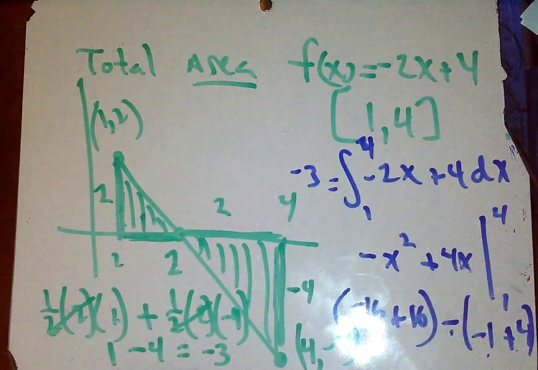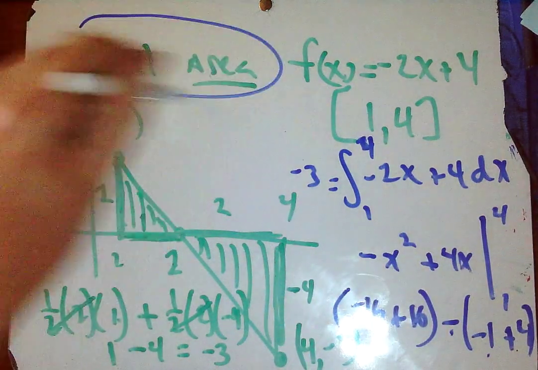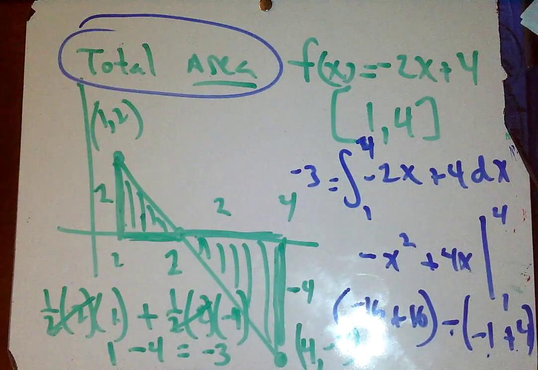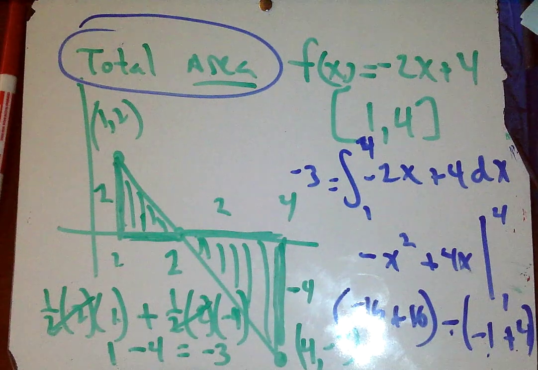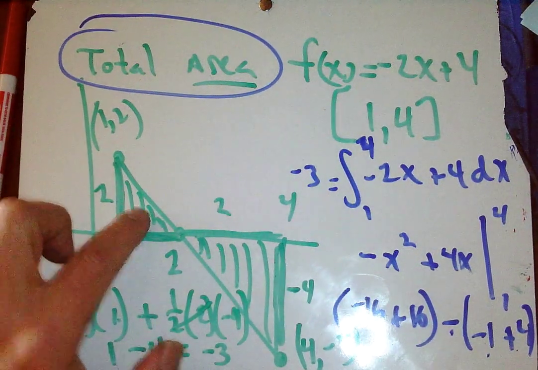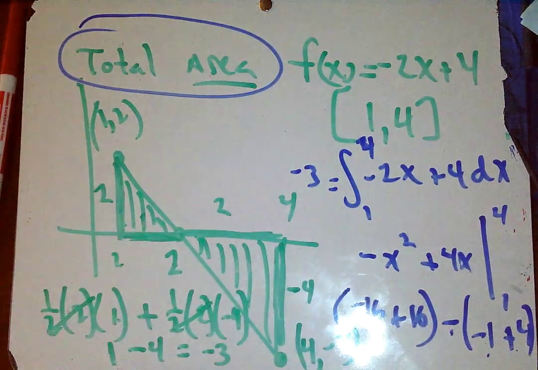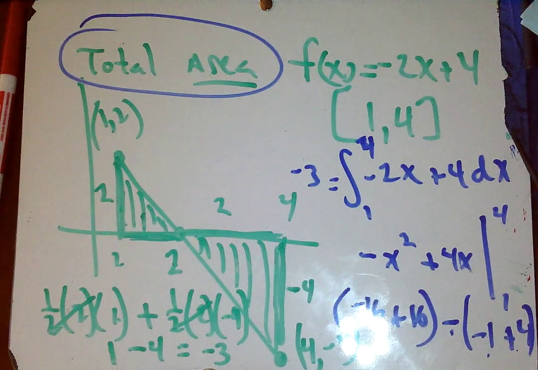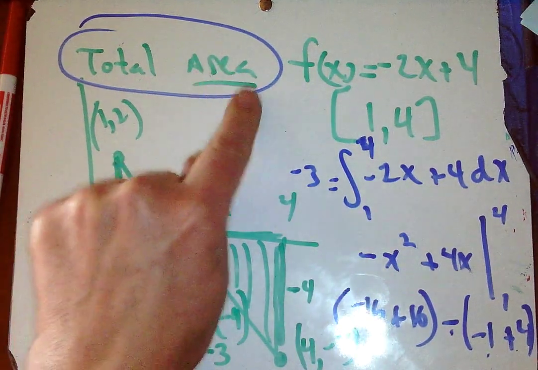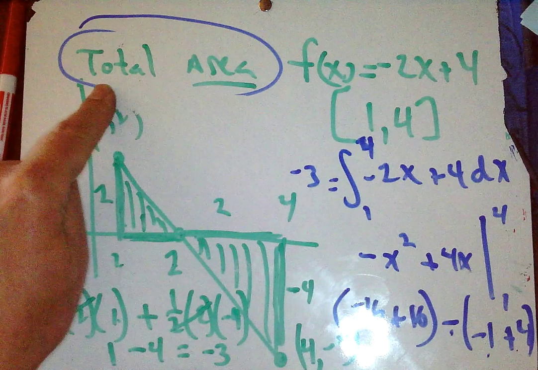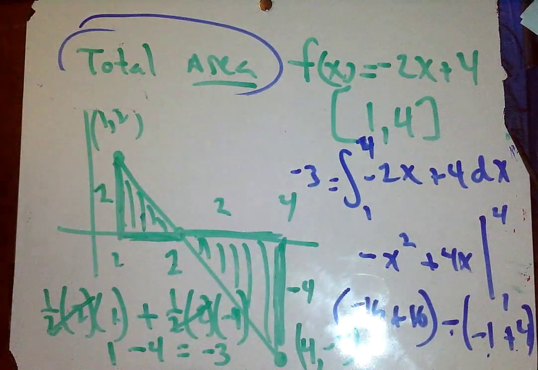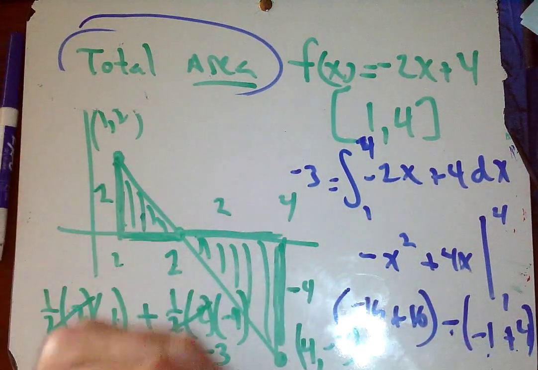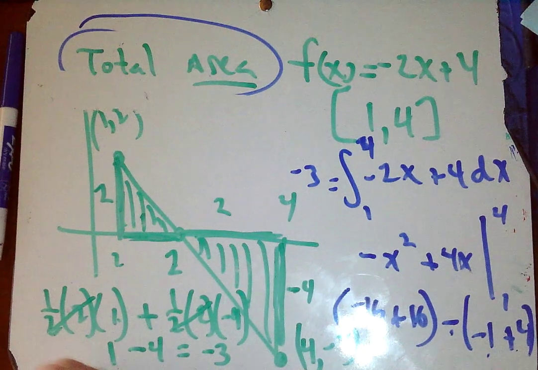Fabulous. But none of that work answers the question, what's the total area? Both of these are talking about displacement. I added up this positive amount with this negative amount, and I ended up with some number. But area is always positive. And since area is always positive, I have to understand this problem in one of two ways.